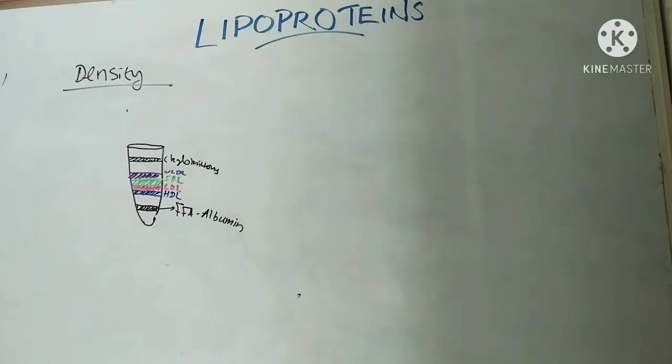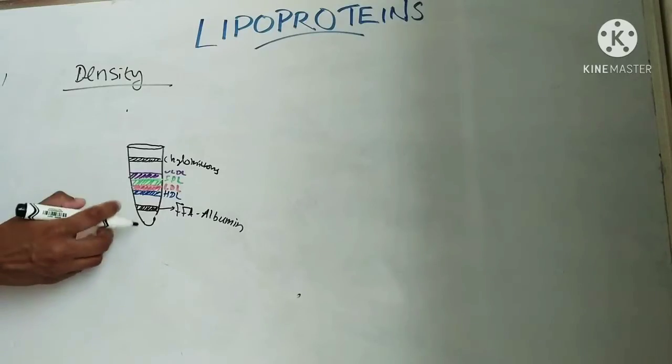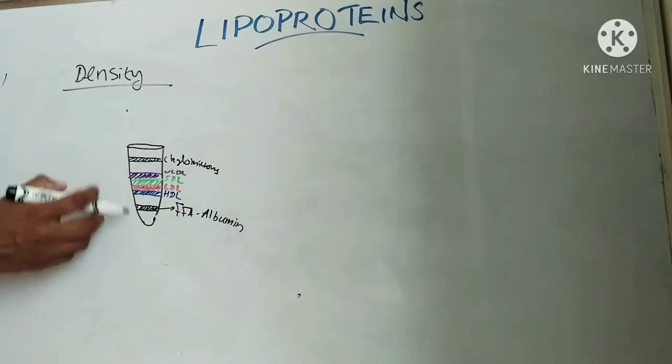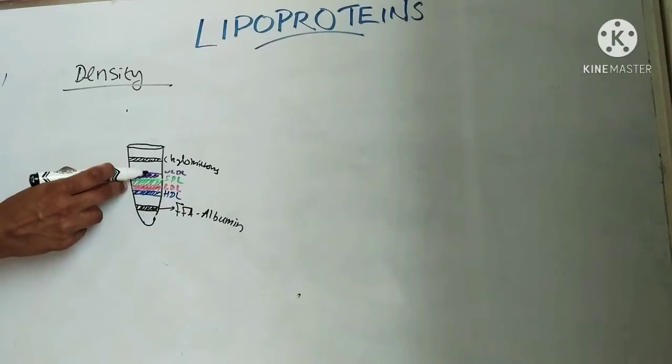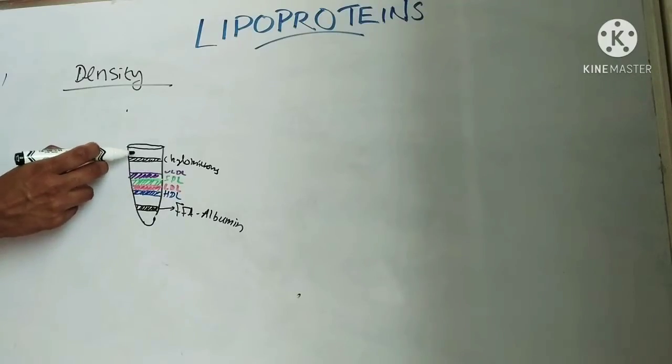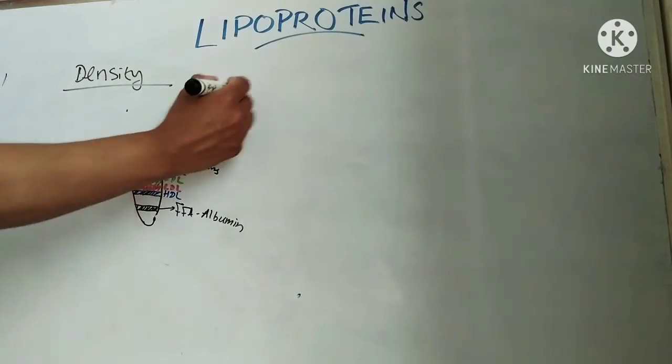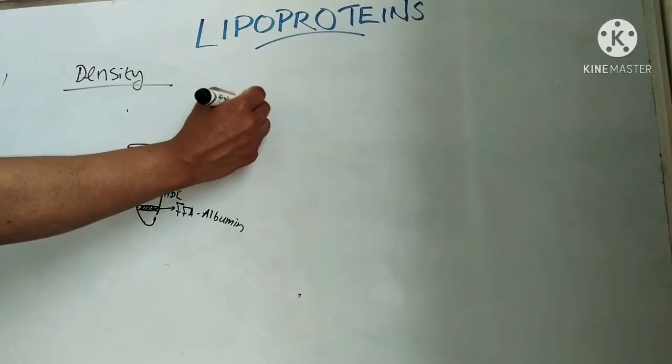So this is the classification based on density. The lipoprotein with the highest density settles at the bottom, which is free fatty acid with albumin. After that HDL, LDL, IDL, VLDL and chylomicrons.